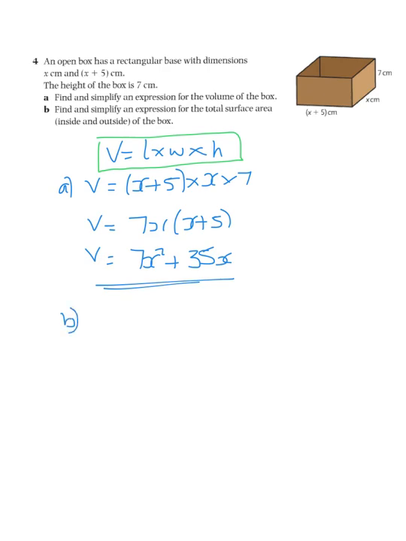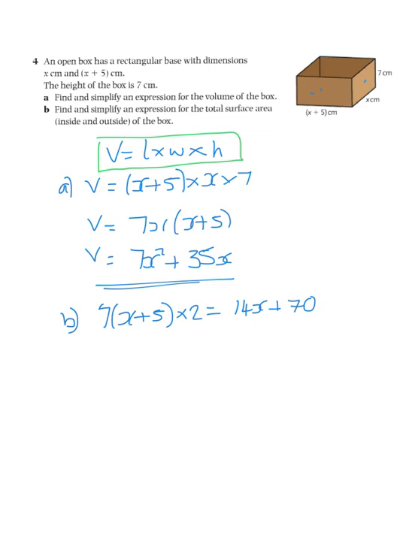So this face here, I'm going to have a 7 times an x plus 5, and then I'm going to times that by 2 because it's going to be the same as the face opposite it. So that will give me 14x plus, well, 7 5s are 35, times 2 will give me 70.